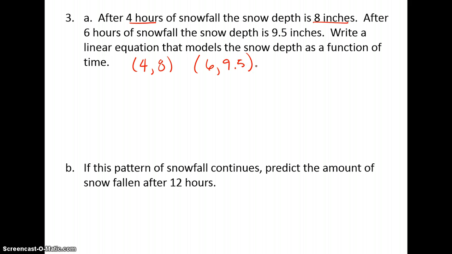now if I gave you those two ordered pairs and said find the slope, you'd have no problem with that. So remember, we find the slope, m equals y2 minus y1 over x2 minus x1.